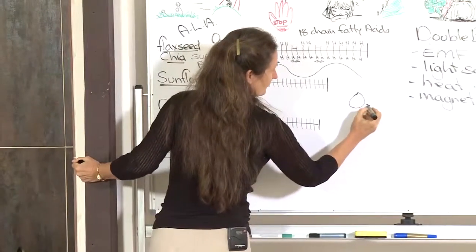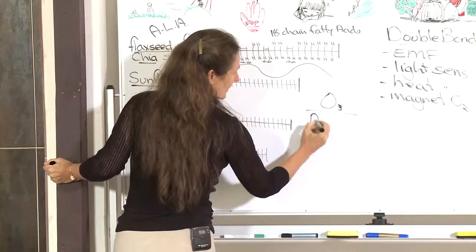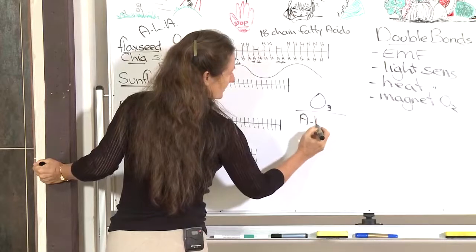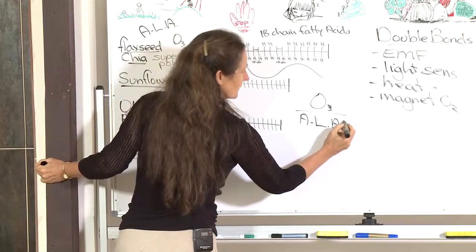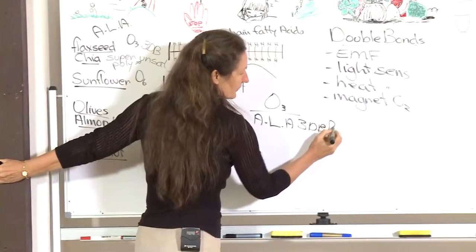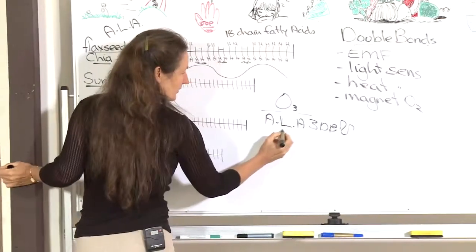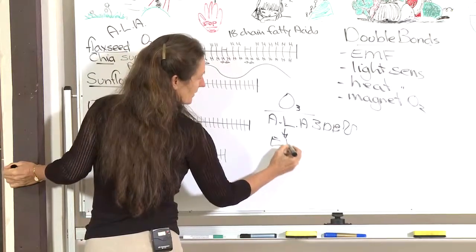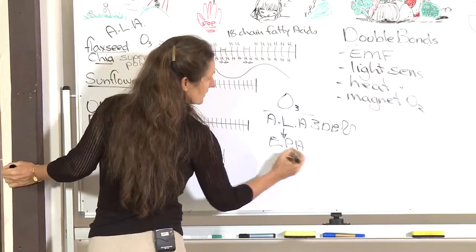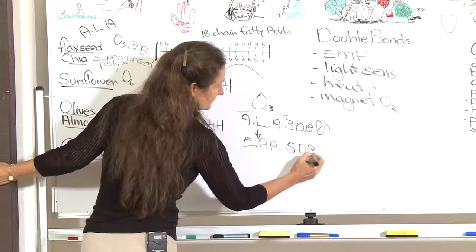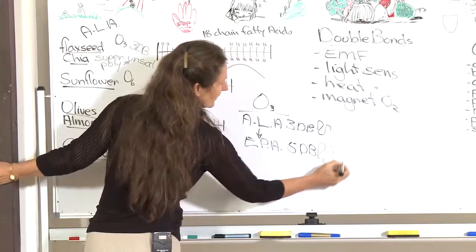Let's look at the omega-3 family. ALA, alpha-linolenic acid. It has 3 double bonds in it, so it's quite a fluid oil, 1, 2, 3. In the body, ALA is converted to EPA, eicosapentaenoic acid, and it has 5 double bonds. 1, 2, 3, 4, 5.